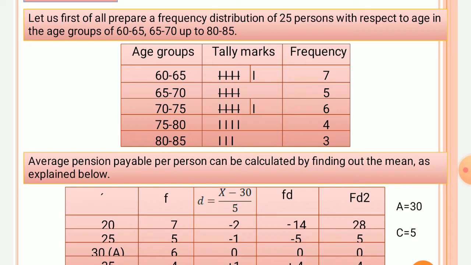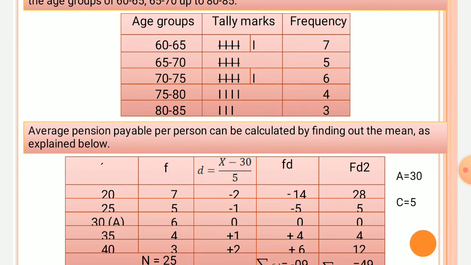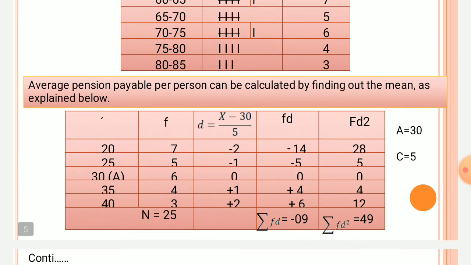So in each class there is a difference of 5, therefore class interval is 5. 20 minus 30 by 5 means minus 10 by 5, minus 2. Likewise for 25, 25 minus 30 by 5 means minus 5 by 5, minus 1, then 0, 1, 2.